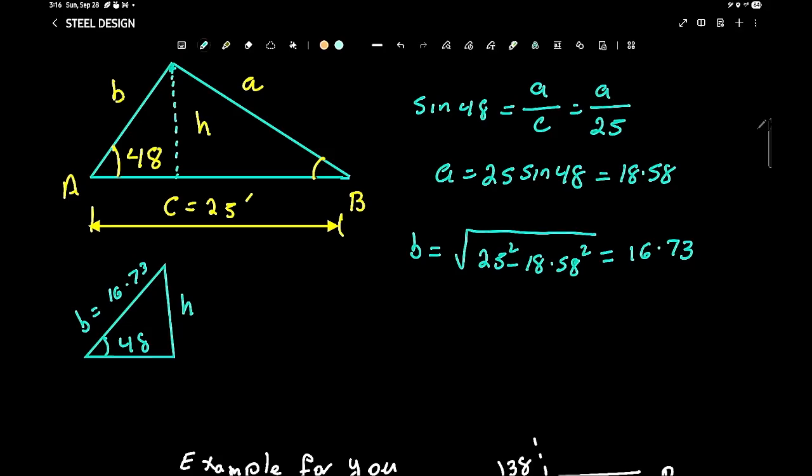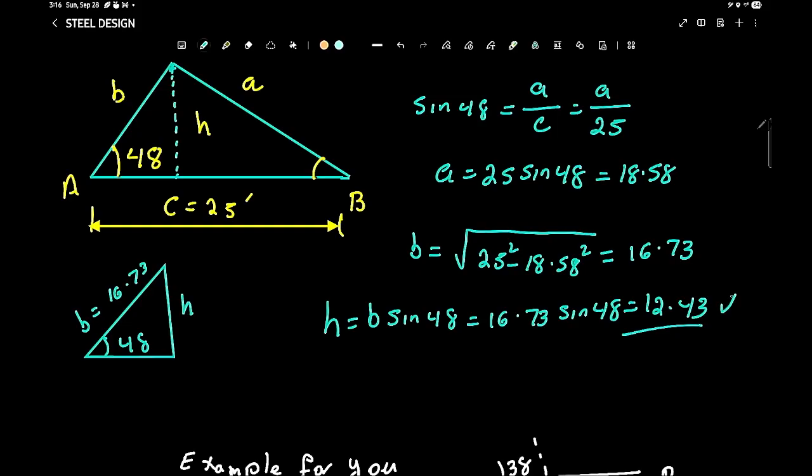And therefore our H is equal to B, which we just figured out, times sine 48, which is basically opposite divided by hypotenuse. So H equals 16.73 times sine 48. That will give me 12.43, and there's the answer.